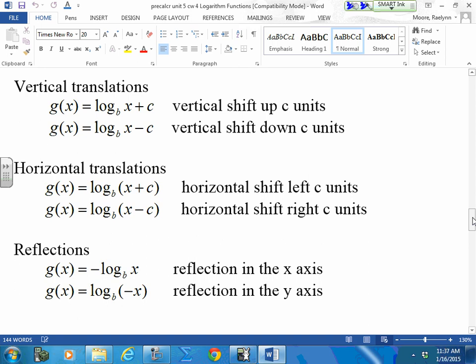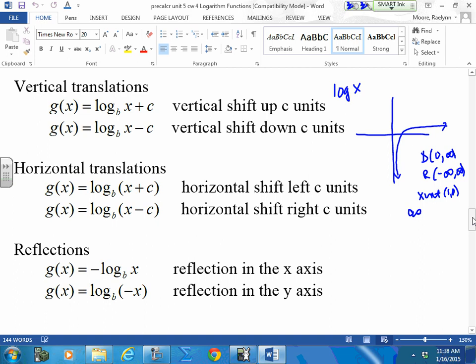So if I take my log, I'll just use base 10 of x. So here's my log base 10. It works the same way. Has a domain from 0 to infinity, a range, all real numbers, x-intercept of 1, 0, and an asymptote of x equals 0.